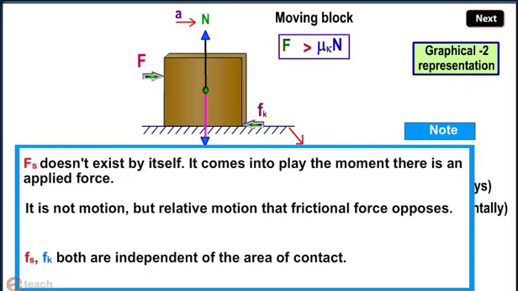Fs does not exist by itself. It comes into play the moment there is an applied force. It is not motion but relative motion that friction force opposes. Fs and Fk are both independent of area of contact.